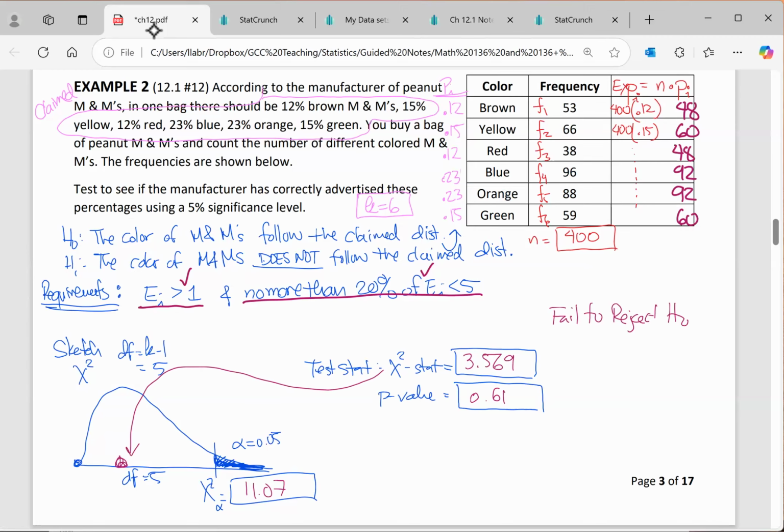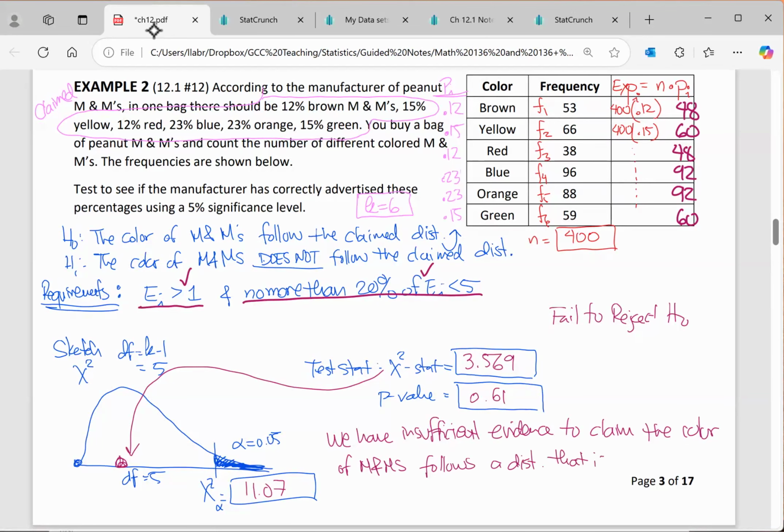The interpretation is, we have insufficient evidence to claim that the color of M&Ms follow a distribution that's different than what the manufacturer advertised.